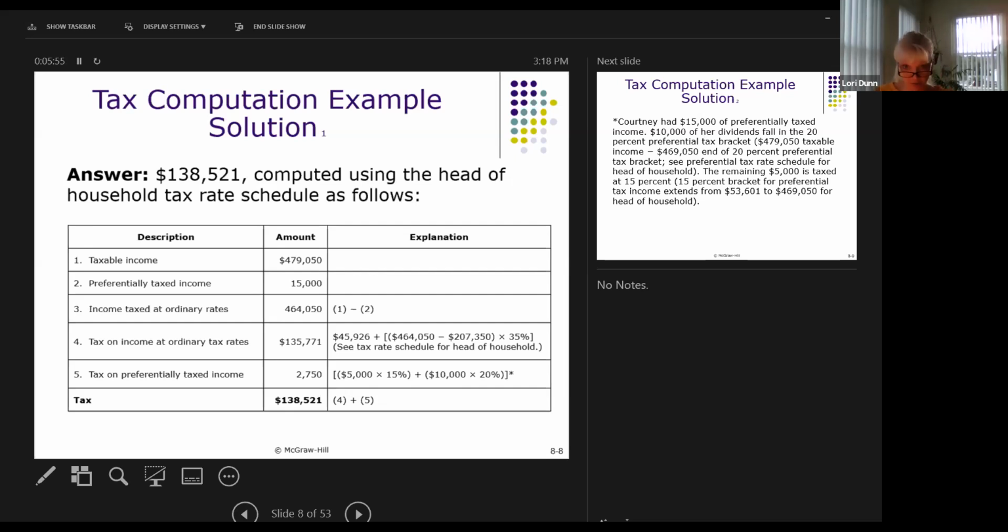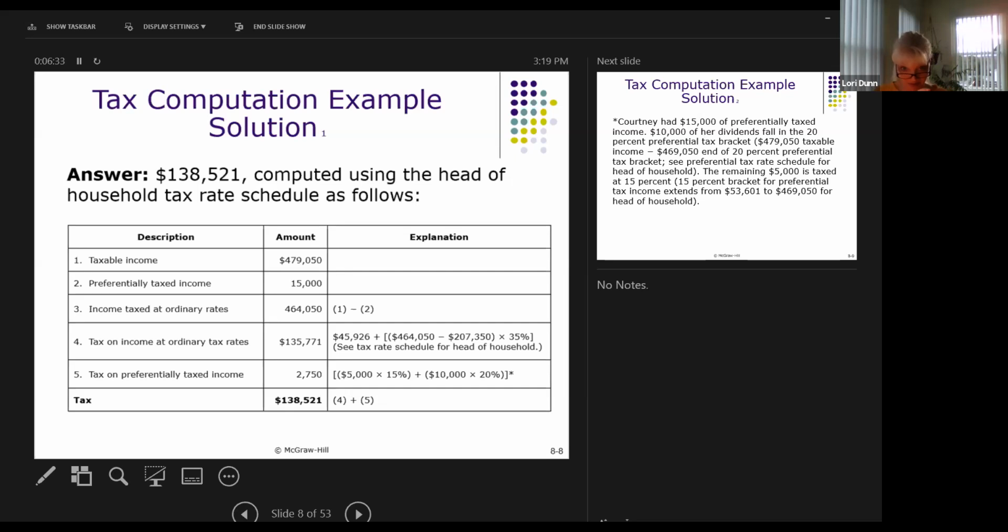Now here's where you have to be careful. Her taxable income right now is $464,050, right? The part of her gain taxed at preferential rates that will get her to $469,050, $5,000, is taxed at 15%.